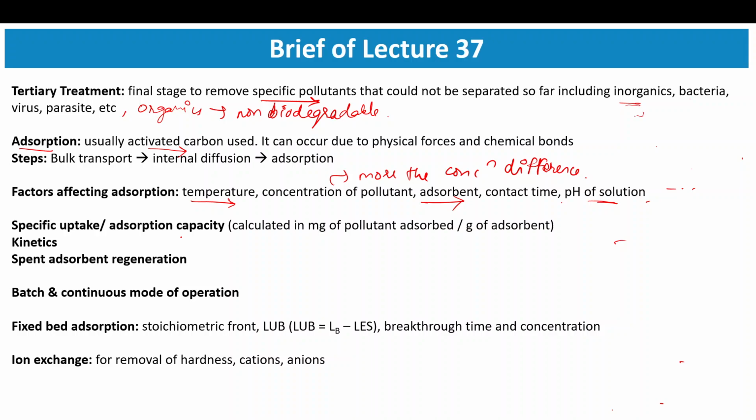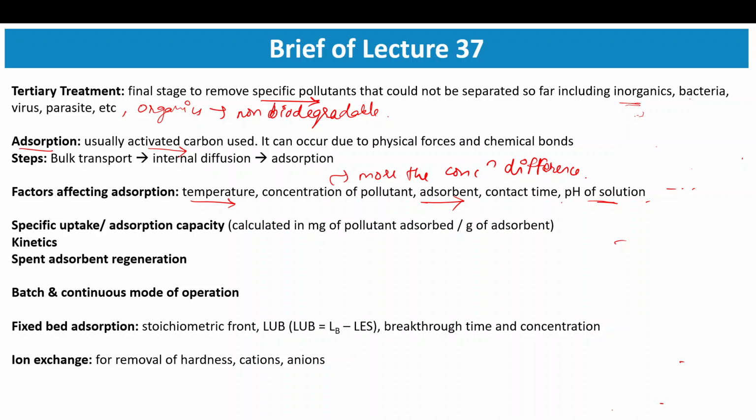Similar to that, the accommodation capacity is the capacity of that class, and here the active sites can adsorb the pollutant. Once the active sites are used up, we will not be able to use the adsorbent further. The capacity of how much pollutant we can remove using that adsorbent, we can represent as milligrams of pollutant adsorbed per gram of adsorbent.